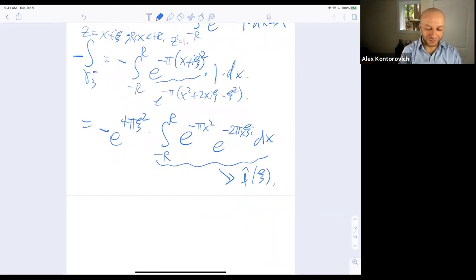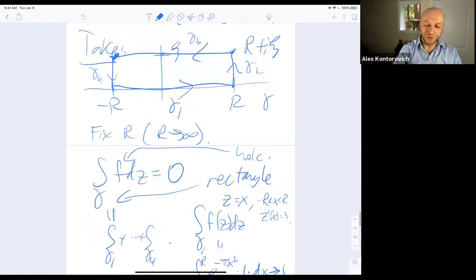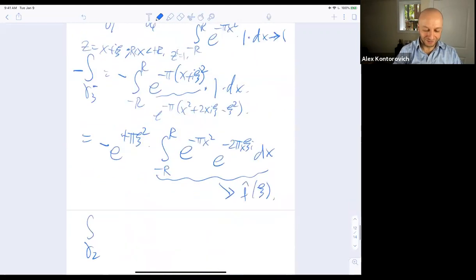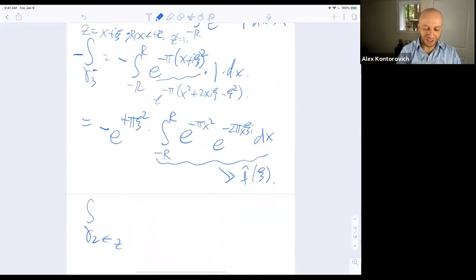All right, let's do the integral over gamma 2. I'll do it quickly, and then maybe I'll do it again. Gamma 2 is like this. On gamma 2, z is equal to R, which is fixed, plus iy, as y goes from 0 to C. I'm just going straight up the line. So I get e to the minus pi z squared times z prime.